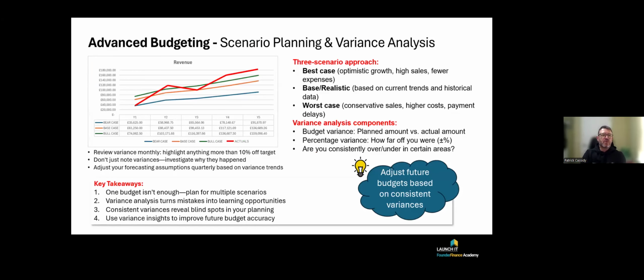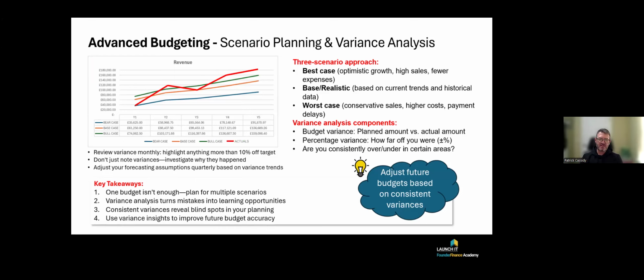So scenario planning is all about understanding what could happen across your business, and any business. A budget is really, as we said in the last session, a forecast of what you think is going to happen within your business. And many things can happen. Your sales could be higher than you expected.